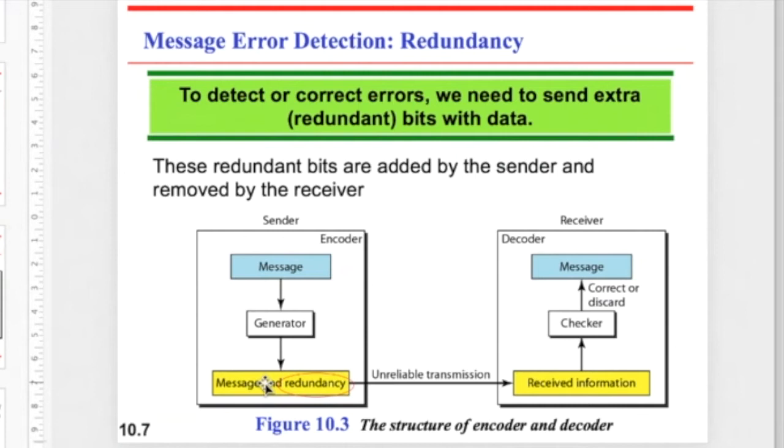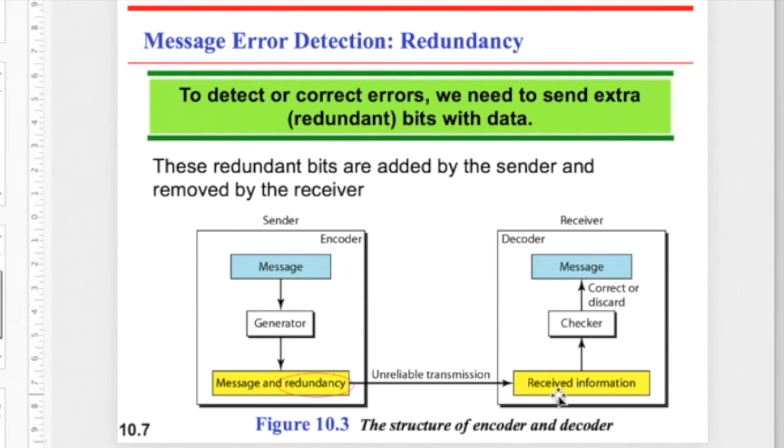We use the proper word that it is appended. Appended means added at the end. And you saw in our headers that the last field in our frames, on Ethernet as well as on our wireless network, is the extra or redundant information that is used for error detection.